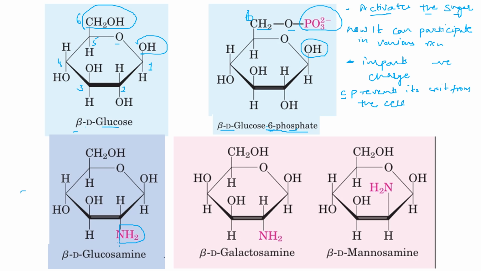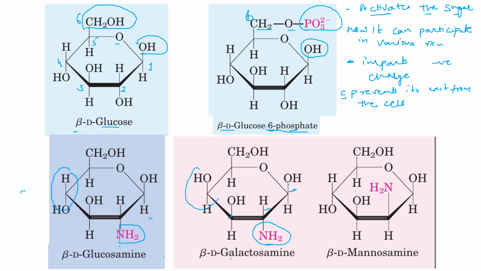Similarly, in galactosamine, there will be an amino group. This is the structure of galactose. If you remember, we have learned that the difference between galactose and glucose was in the configuration at C4.